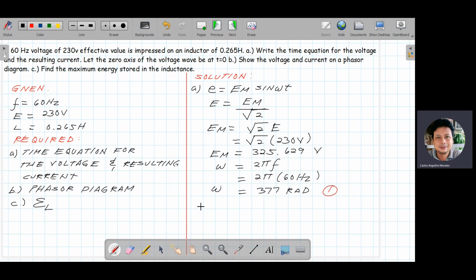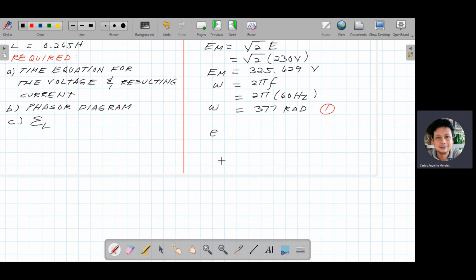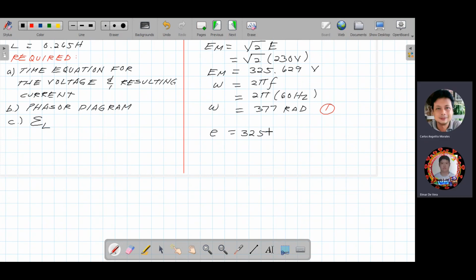For letter A, we have the instantaneous voltage. Taas natin konti ito. We have the instantaneous voltage equal to 325.629 sine omega t. Yung E-maximum kasi, 325.